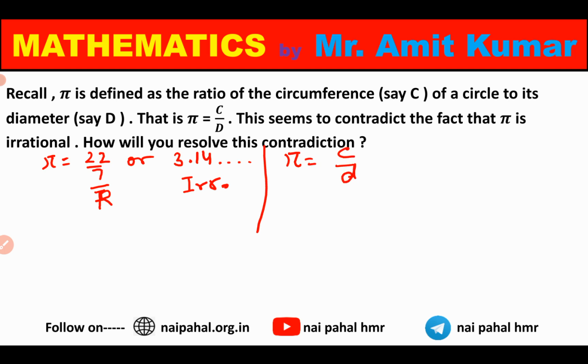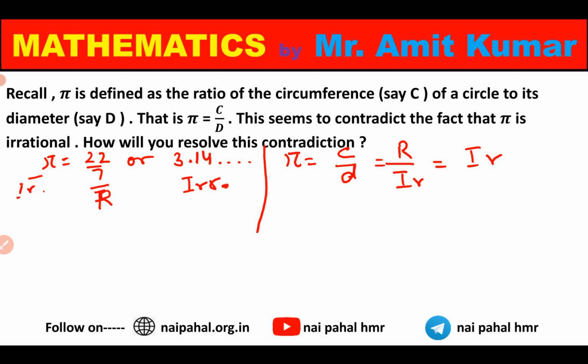In that case, we may take C as a rational number upon D as an irrational number, then the answer will be irrational, because pi is to be taken as irrational.